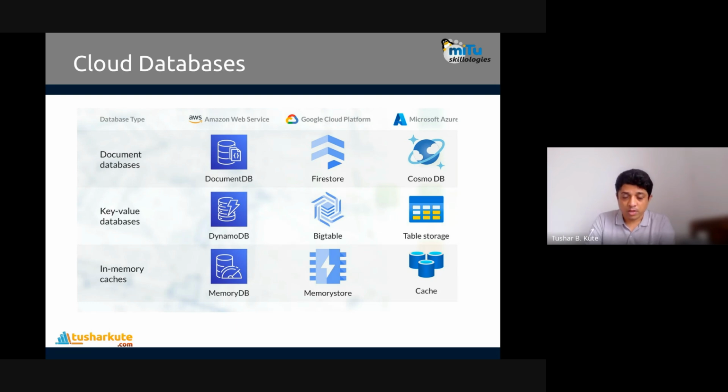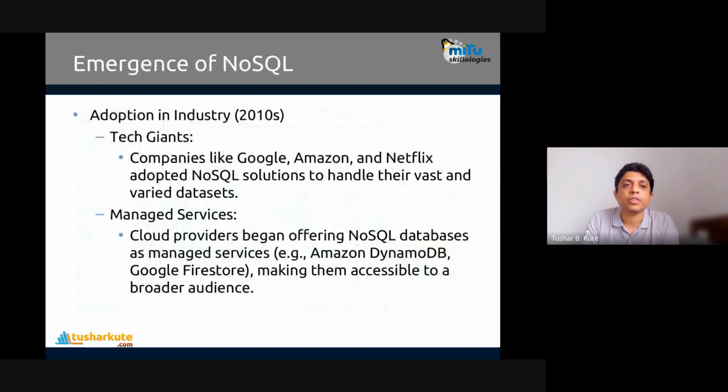From Microsoft, Cosmos DB, table storage, cache, and many are there. Lot many databases are provided. They have their own query language with the help of which we can interact with them. They are the cloud databases. I mean, their local version is not available. We have to avail them online by logging into Amazon Web Services. There you can use it. Fine.